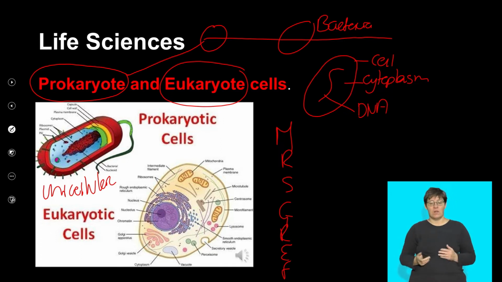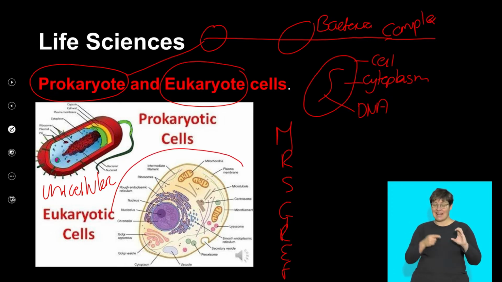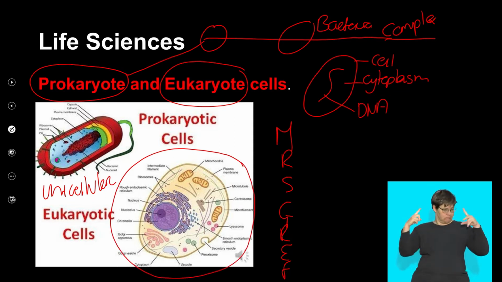Then as time went by, organisms became more complex, and with that complexity needed a cell that could do far more complex things. Hence that cell is the eukaryotic cell.